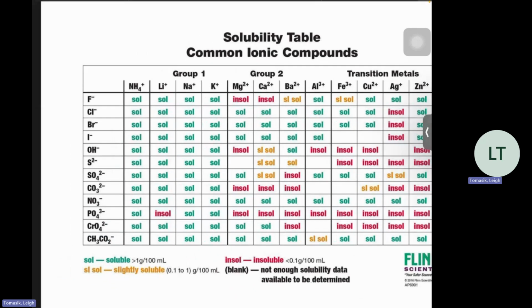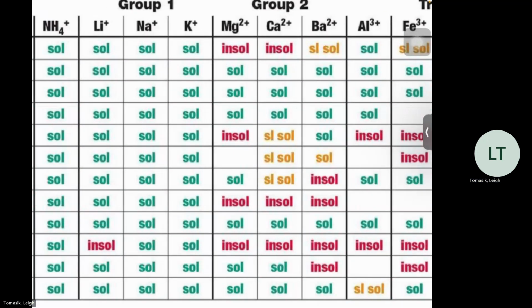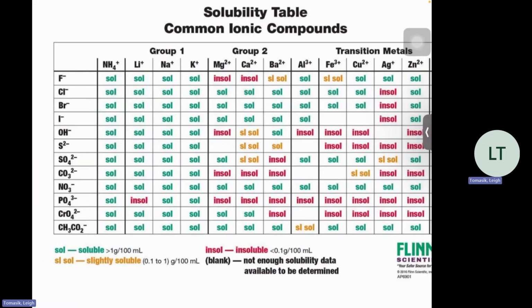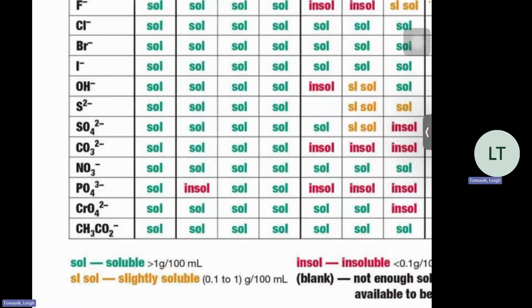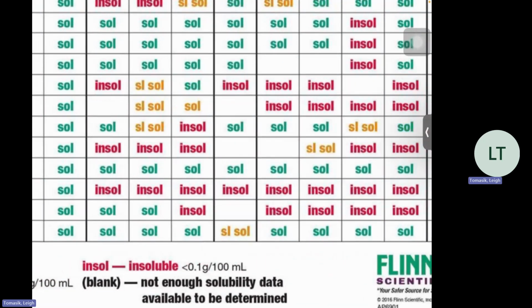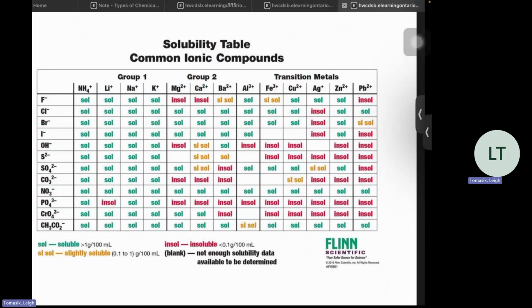You see how they're all soluble, except for lithium and phosphate. All of the K pluses, you look down, soluble, soluble, soluble, soluble, soluble. And all of the nitrates, nitrate is 4th from the bottom. There you can see nitrate, NO3 minus, soluble all the way across. So combined, they're definitely soluble.